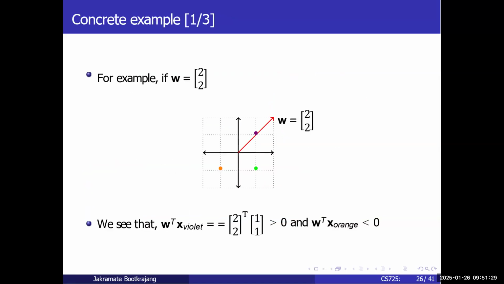So for example, I have the vector W to be 2, 2. And for the violet point, the violet point is 1, 1. If you do the dot product between this 1, 1 and 2, 2, you will get something greater than 0. But for the orange dot, you will get a negative number, so your prediction would be -1.